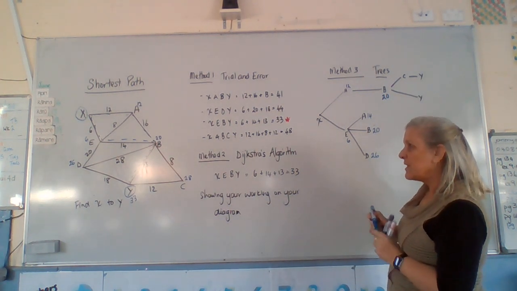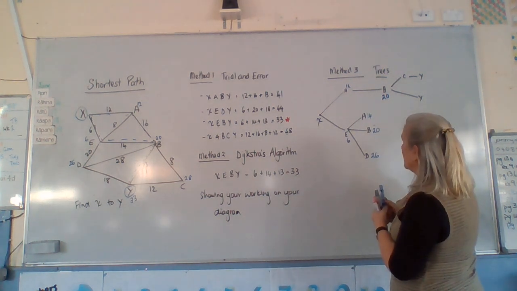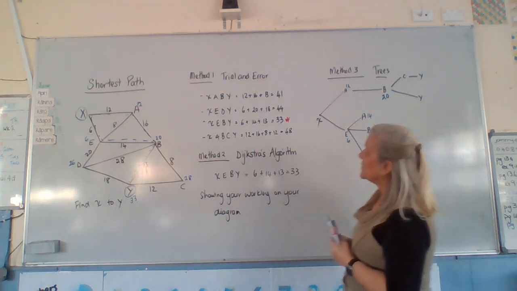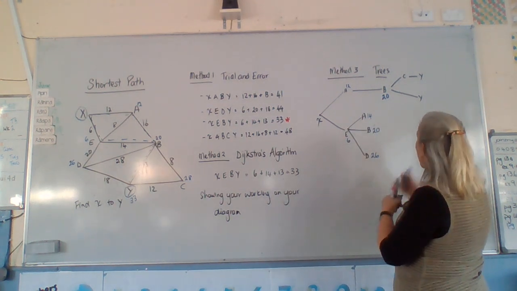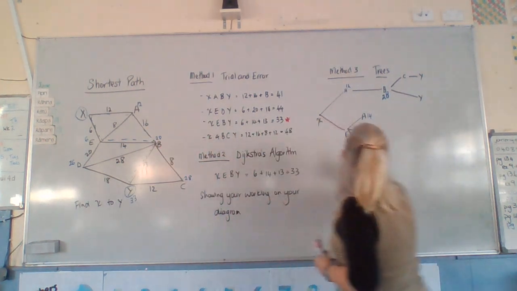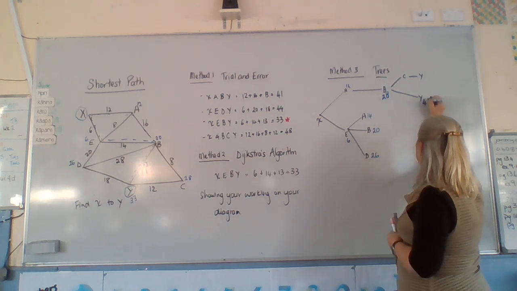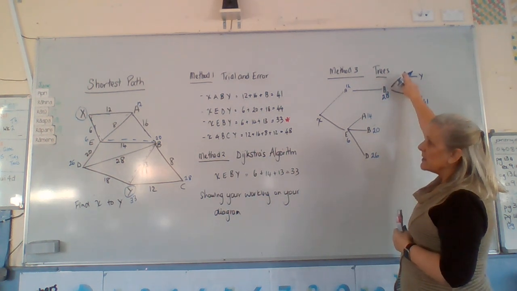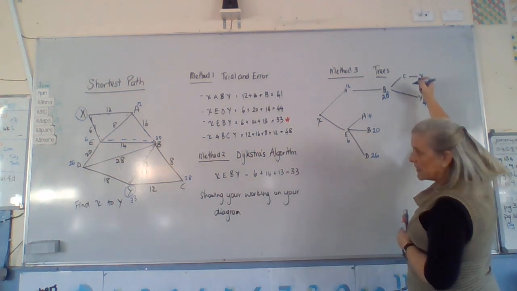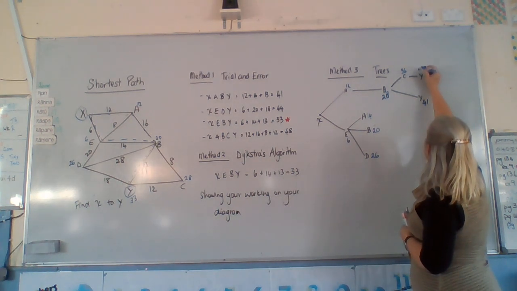So if I go straight to Y, I get 20 plus 12 is 28, that should be. 28, all right? 12 plus 16 is 28. So I can get 28 plus 13 is 41. To do it this way, to get to C, I've got 28 plus 8 is 36 plus 12 is 48.